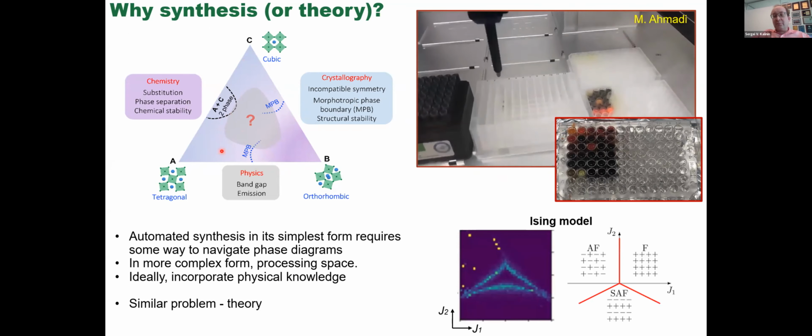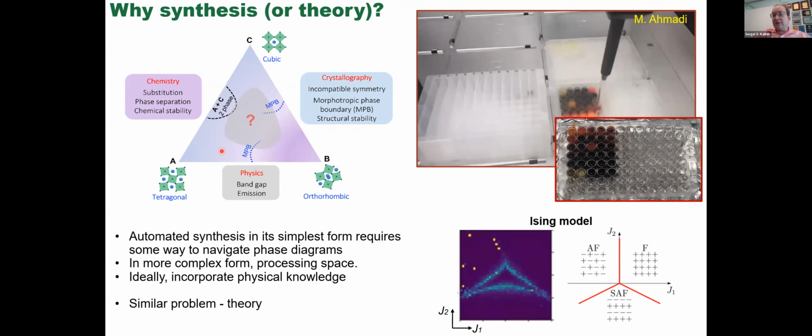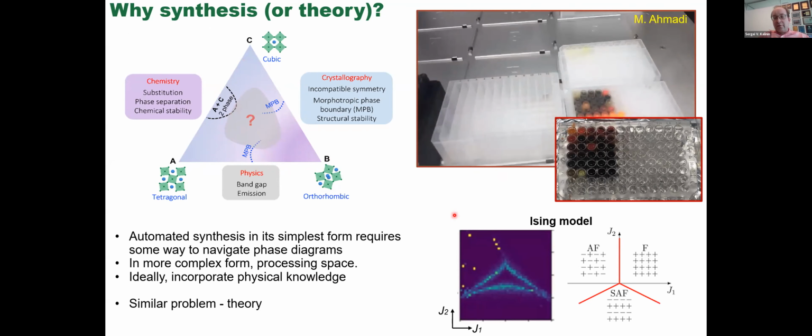Interestingly, it is almost the same problem as using machine learning to help you do the theoretical investigation of the phase diagram of some Hamiltonian, except that in this case, you calculate some ground state or some physical properties somewhere within the parameter space.